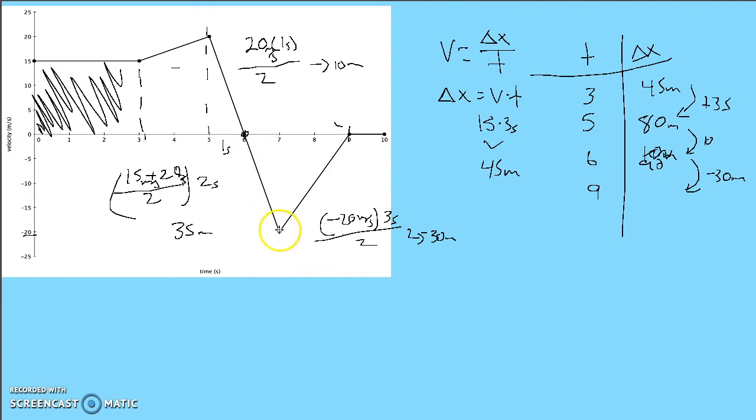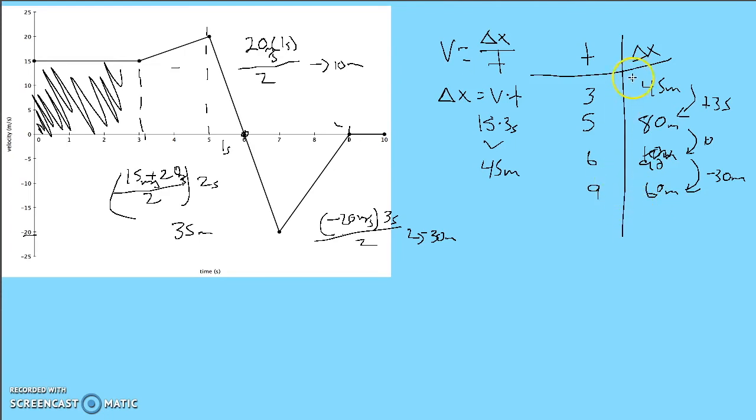It goes in the negative direction. At this point right here, it begins to slow down until it comes to a stop. So during this entire time, you have an object that's traveling in some negative direction. And so 90 minus 30 is 60 meters.